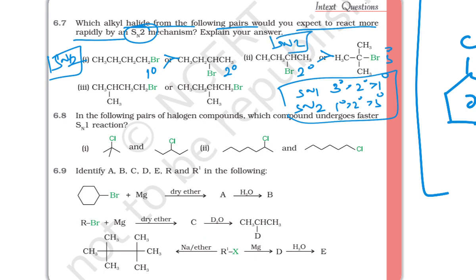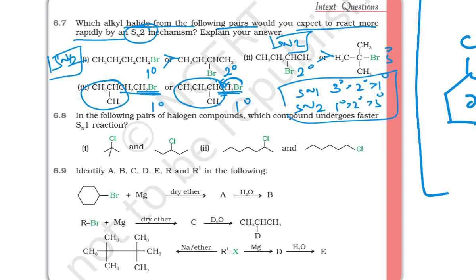Then when it comes to this, this is also primary, and this is also primary. In this case, the bromine bonded carbon in one alkyl halide is connected with a bulky group. But in the other, the bulky group is somewhat far from the halide bonded carbon.